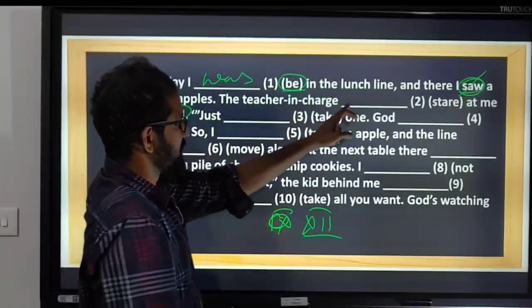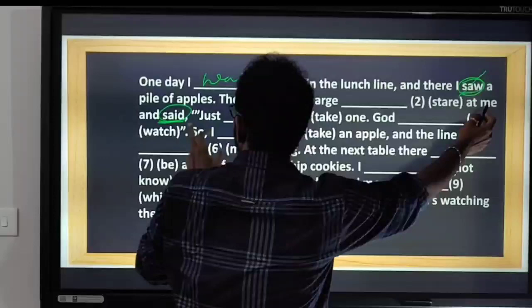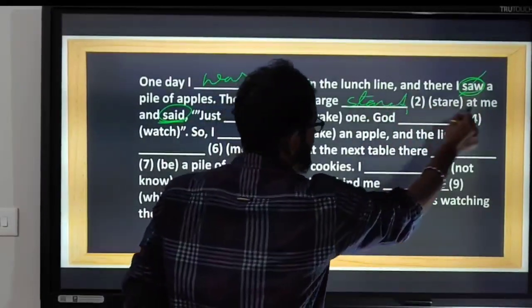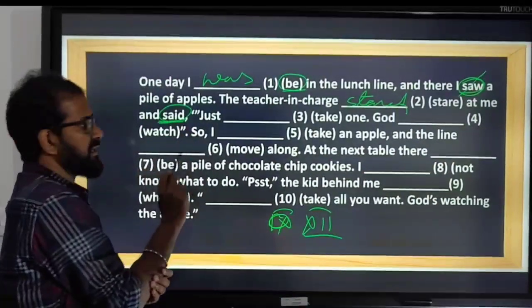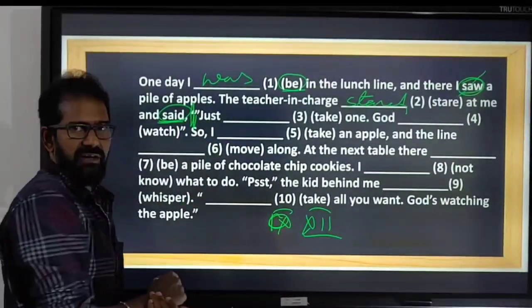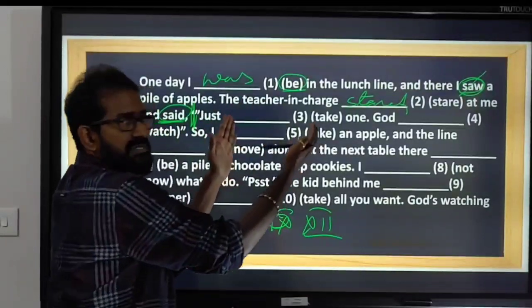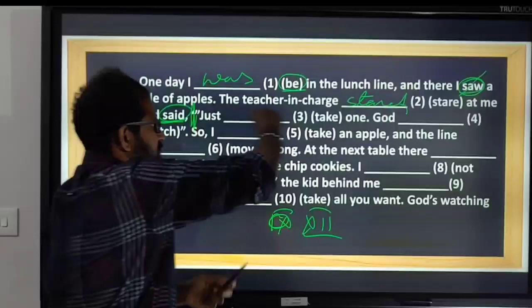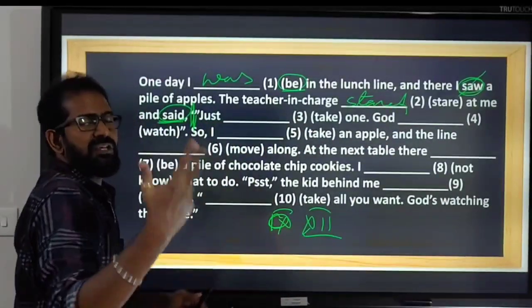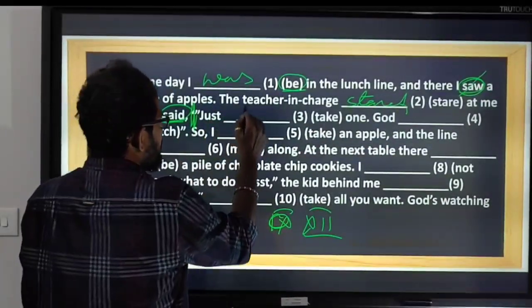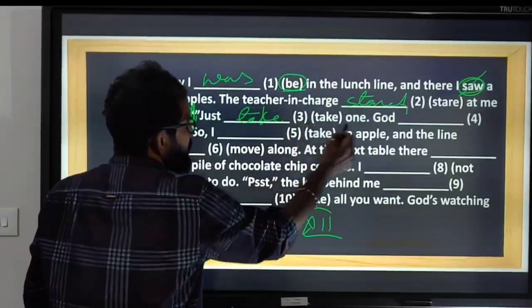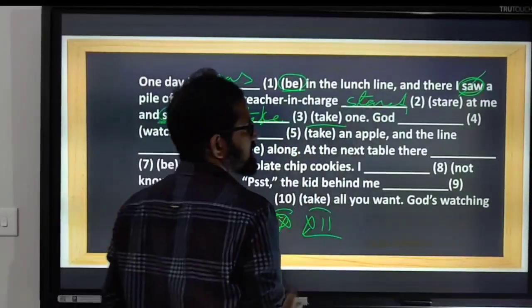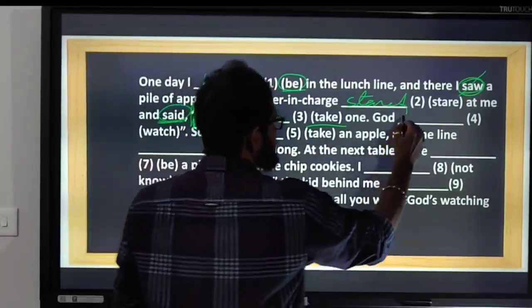The teacher in charge stared, past tense, stared at me and said. Now look here, inverted commas begin. So when inverted commas come, we need to use present or past based on the situation. Now the situation is a conversation, so we go with the present tense. Just take, we don't use took because it's a conversation. Just take one.